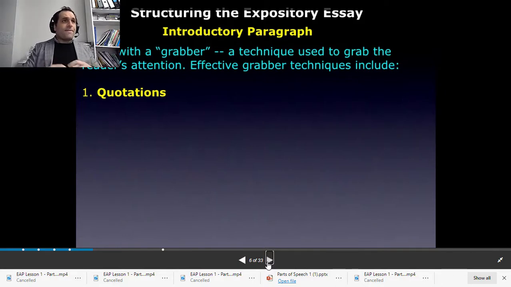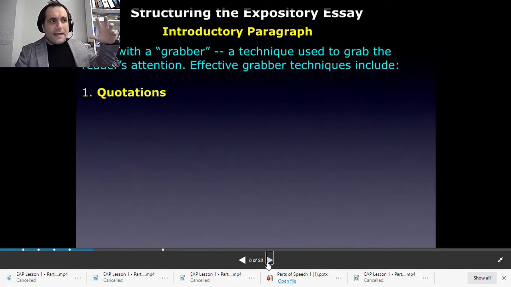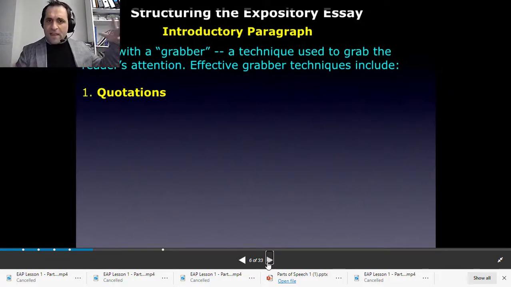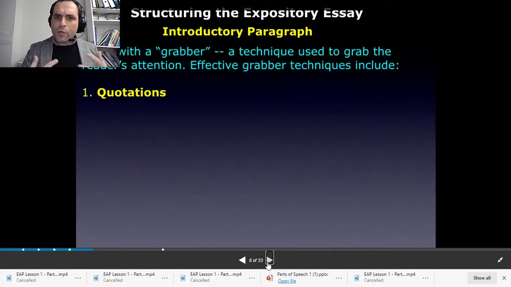For example, if I want to write about the economy, I want to quote somebody who knows a lot about economy, maybe a famous economist. I'm not going to quote just anybody. I'm going to quote somebody who knows a lot about the topic because they are credible. People believe them because they know a lot about the topic. So quotations usually are between quotation marks.